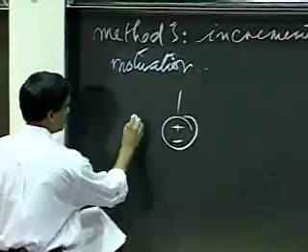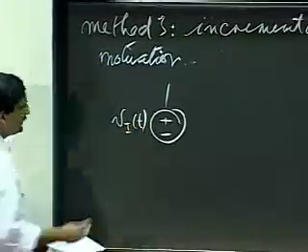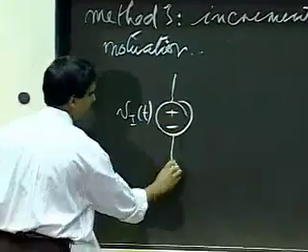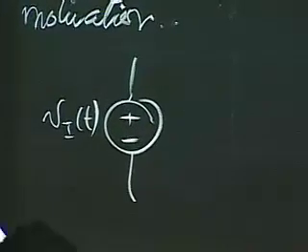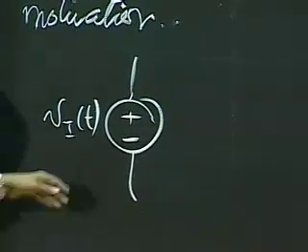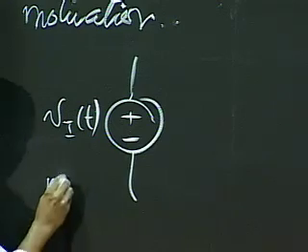So here's my time varying voltage, v_I(t), and this is some music signal.